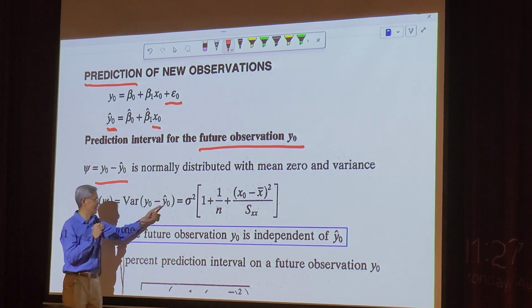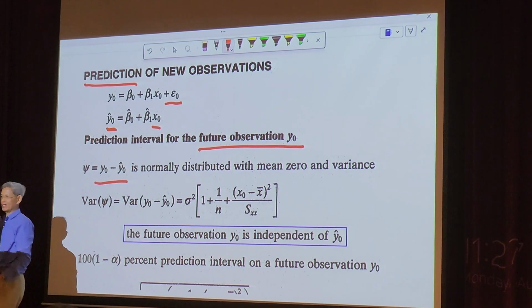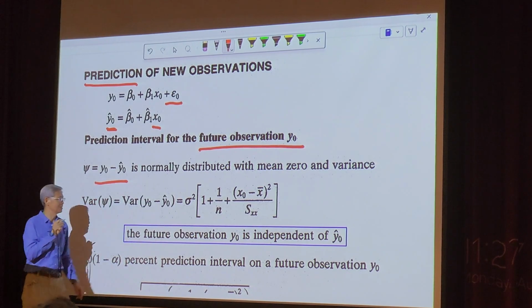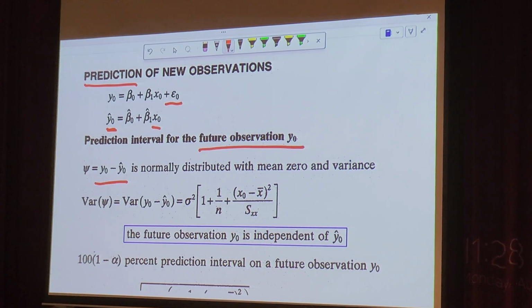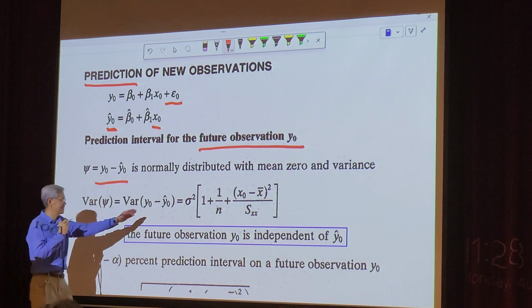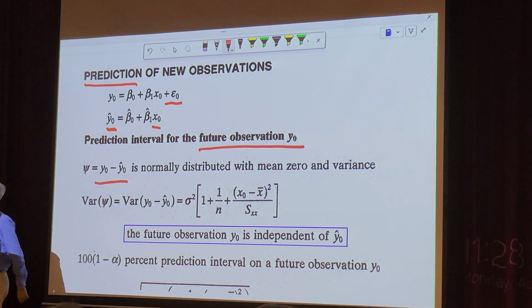And then there's a covariance term, right? Covariance of y0 and y0 hat. Now what's the covariance of y0 and y0 hat? y0 is the actual monthly salary. y0 hat is the predicted.